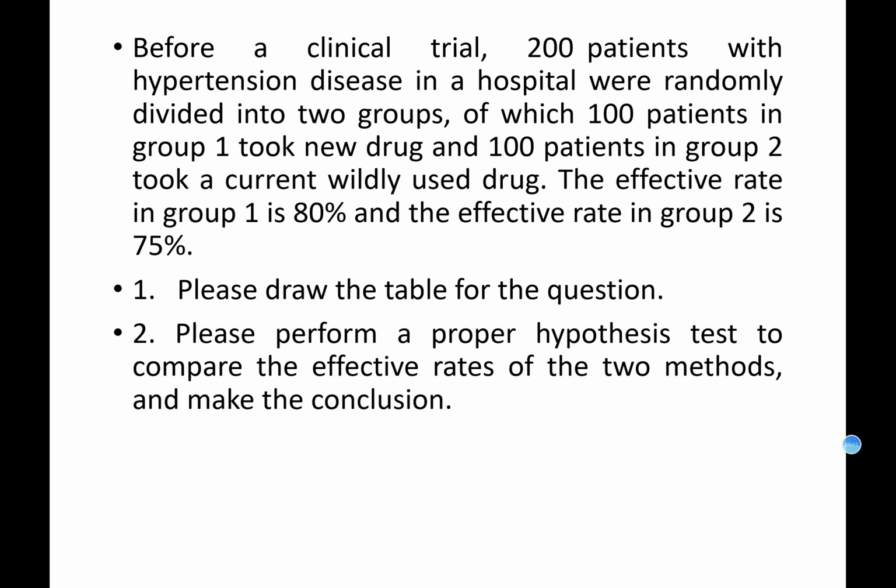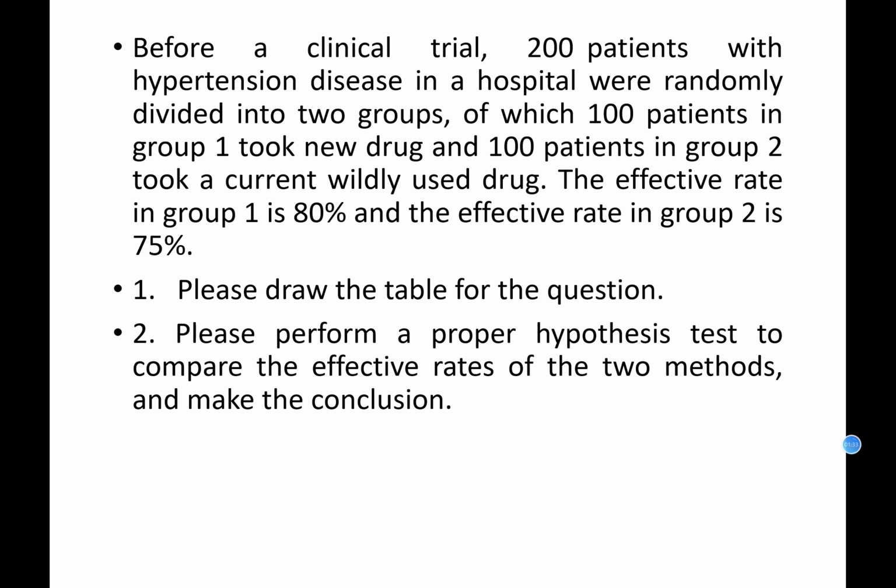In chi-square test, when some numbers are given in the question, we need to list all the numbers in a special table. We call it a contingency table.